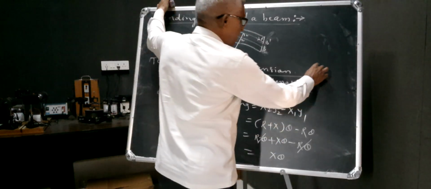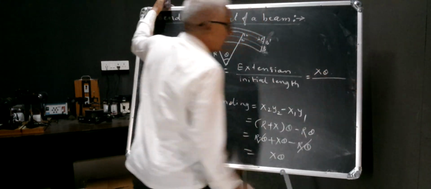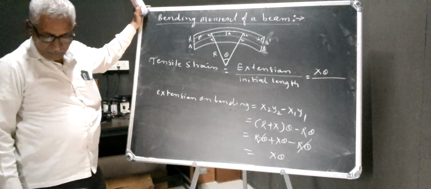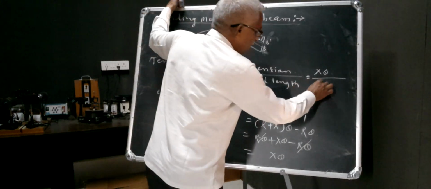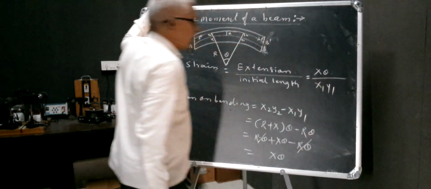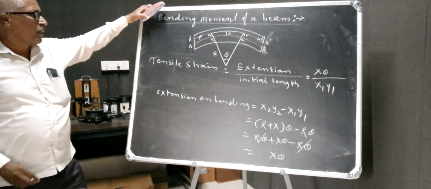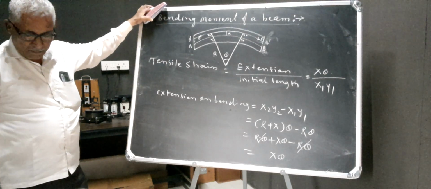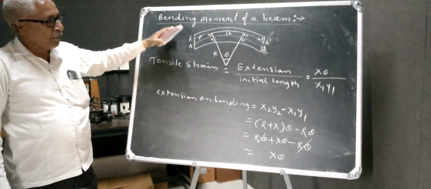Extension is x theta and the initial length is x1 y1. This gives us the tensile strain of the beam.